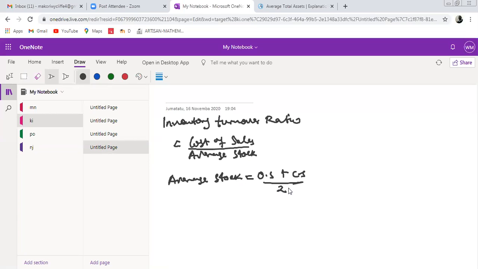Opening stock plus closing stock, you divide by 2, you get the average stock. That is what you indicate here.